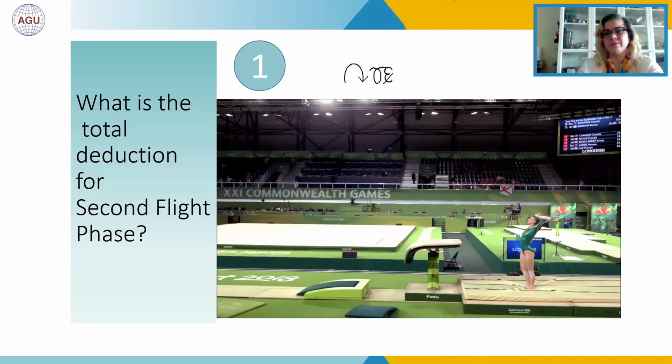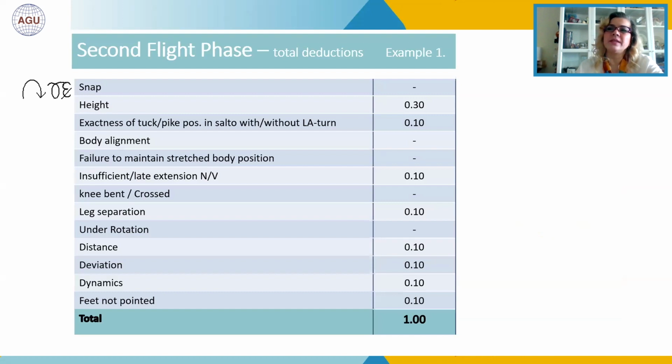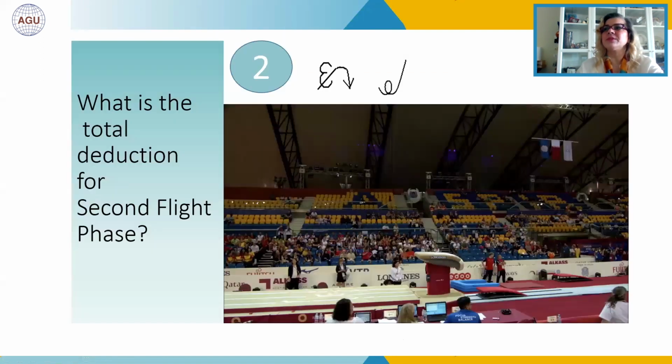Okay. We can see here in the handspring, salto forward, half turn, the gymnast. Here I wrote, so only for second flight phase, she got the deduction of 1 point. Okay. Let's move to another example.